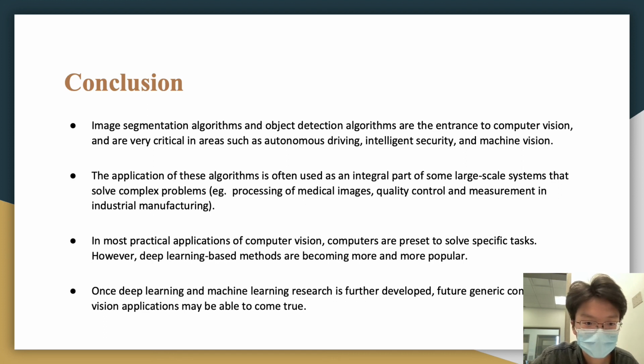In many practical applications of computer vision, computers are preset to solve specific tasks. However, deep learning-based methods are becoming more and more popular. Once deep learning and machine learning research is further developed, more generic computer vision applications may come true.